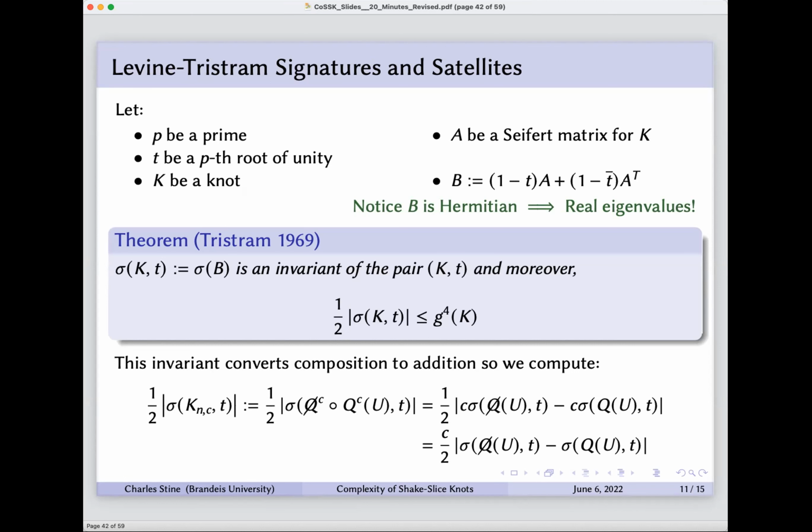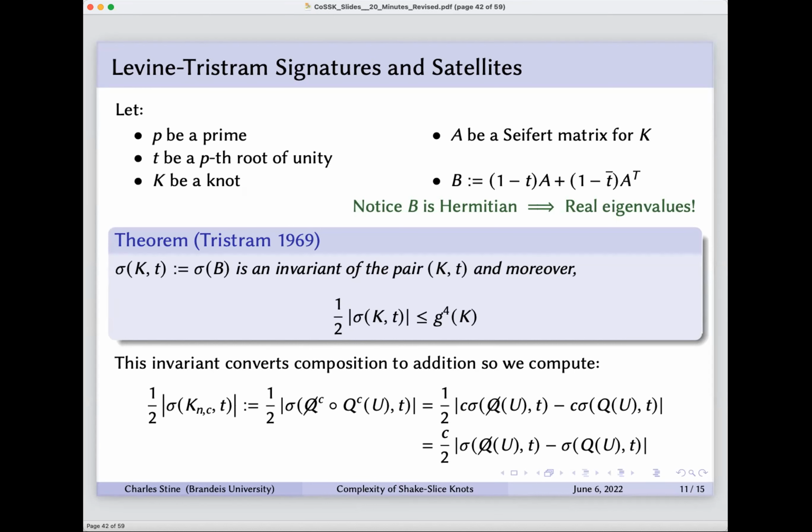If you follow through this calculation, you'll notice the net effect is that the composition exponent C ends up out front of the absolute value sign. And the quantity which we're left to study is simply the difference in signatures of Q' and Q both applied to the unknot.